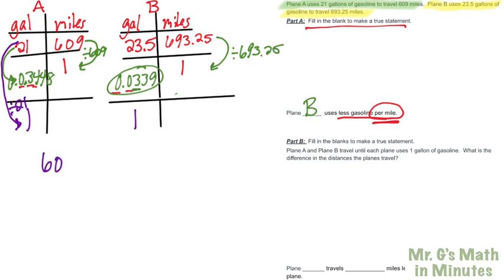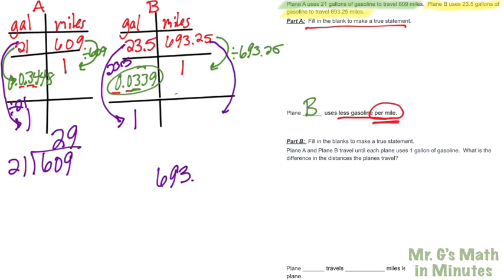So we need to do 609 divided by 21, and 609 divided by 21 gives us 29. Over on this side, we're doing 23.5 divided by 23.5. So on this side, we're doing 693.25 divided by 23.5.